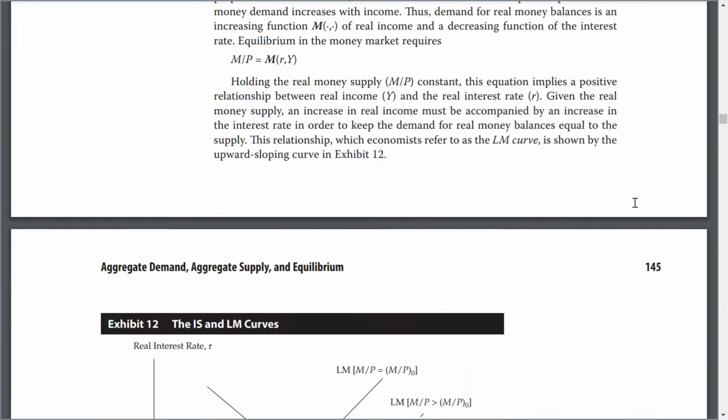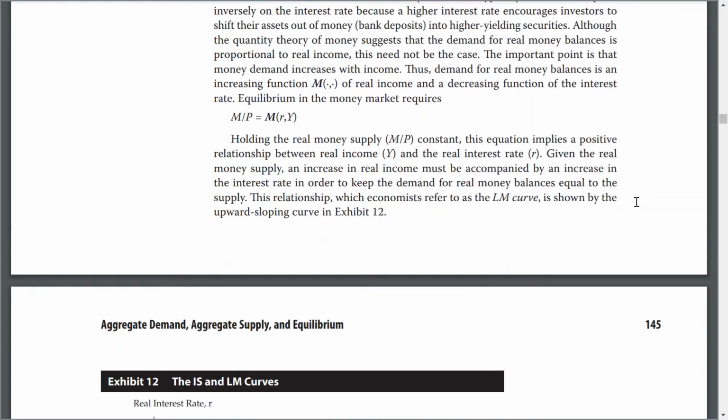Holding the real money supply, or M divided by P, constant, the equation implies a positive relationship between real income, Y, and the real interest rate, R. Given the money supply, an increase in real income must be accompanied by an increase in the interest rate in order to keep the demand for real money balances equal to the supply. Economists refer to this relationship as the LM curve, shown by the upward sloping curve in Exhibit 12.